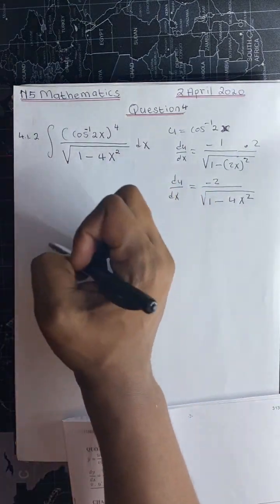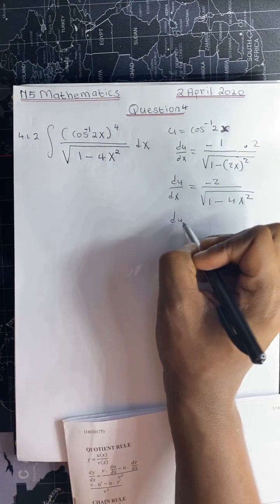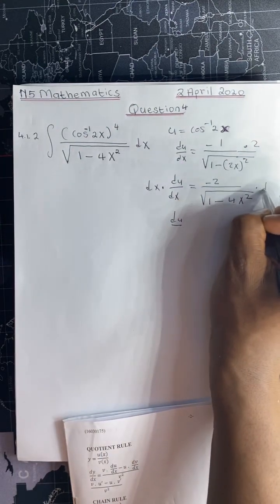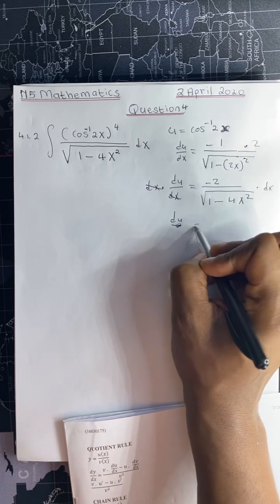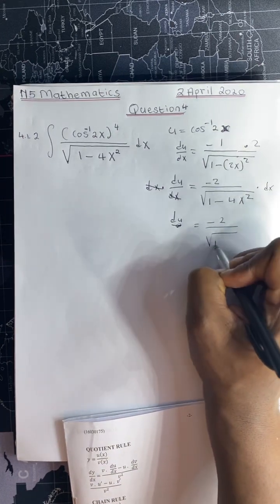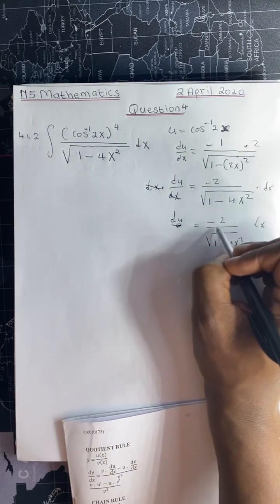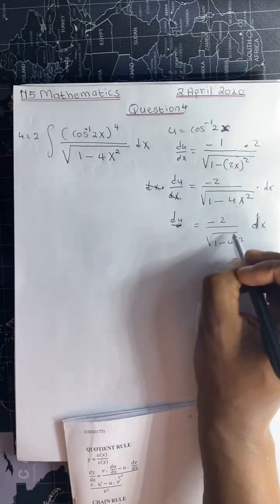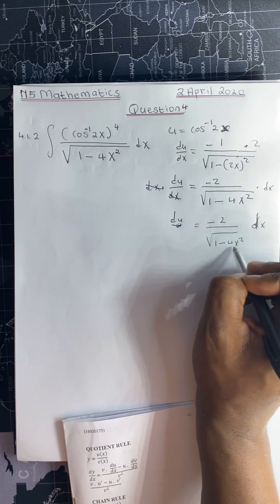So from here let's multiply both sides by dx, and that dx will cancel out with that dx, and du will be equal to negative 2 over the square root of 1 minus 4x squared dx. Let's divide through by negative 2, so that we can have dx over the square root of 1 minus 4x squared.